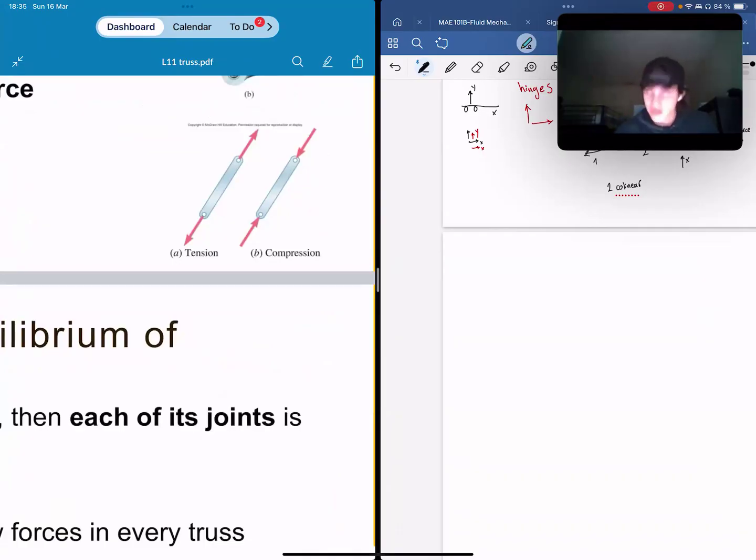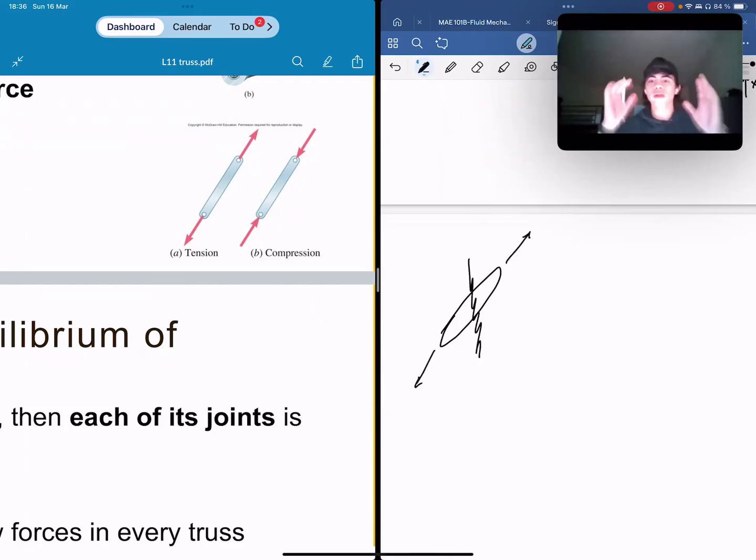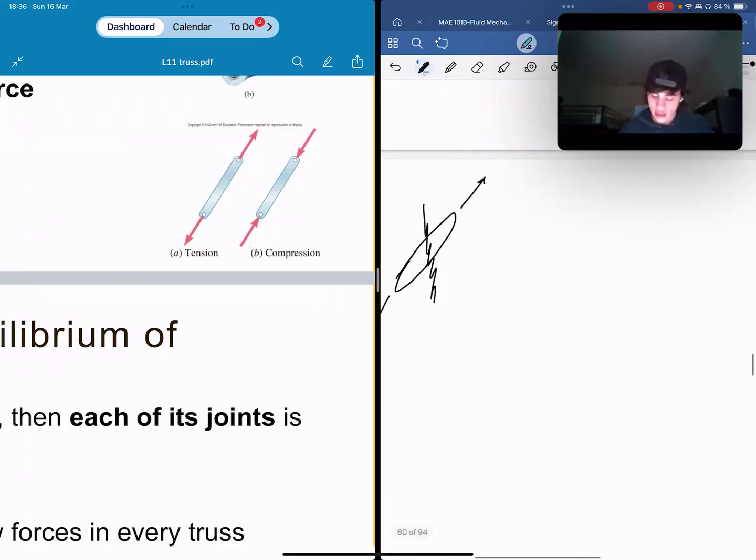Let's say you cut a truss right there in the middle of that two-force member. Let's just draw it. Say this is the two-force member, and you cut it right here, and this is a tension. I could analyze it either as a tension or as a compression. But when analyzing this part, I have to take into account that the free body diagram for that force is going to the right.